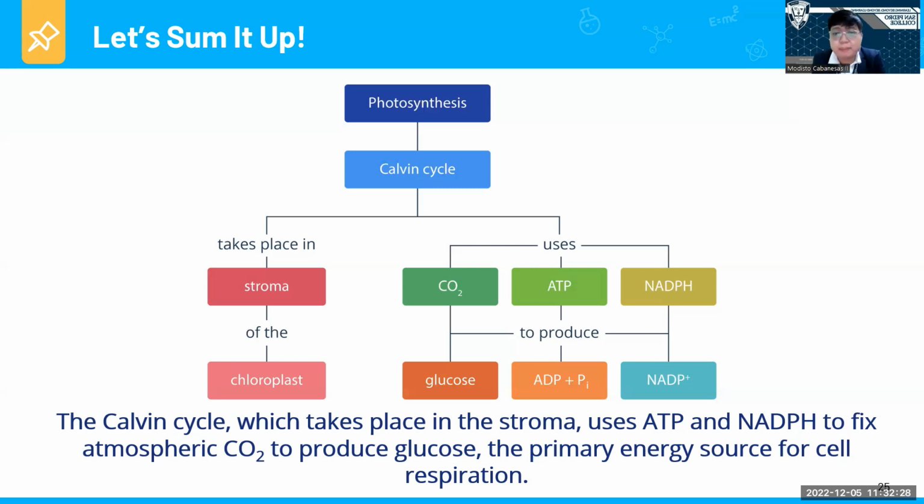So glucose will be used as a food for the plant, while si ADP at saka si NADP plus will go back to the thylakoid membrane to participate dun sa light dependent reaction. So that's the process for the light independent.